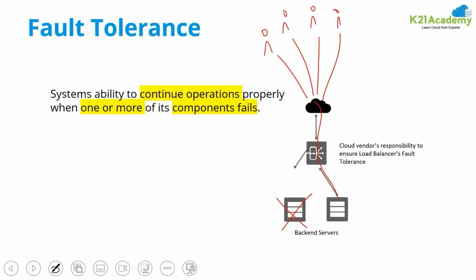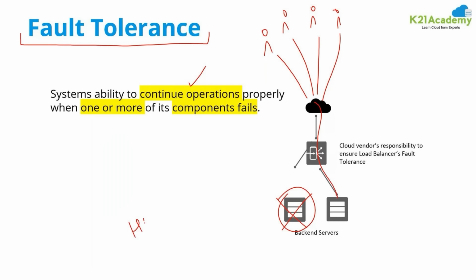So your operations will continue to work properly even if one of the components fails. That is known as fault tolerance. So you can have high availability or fault tolerance deployed in your environment.